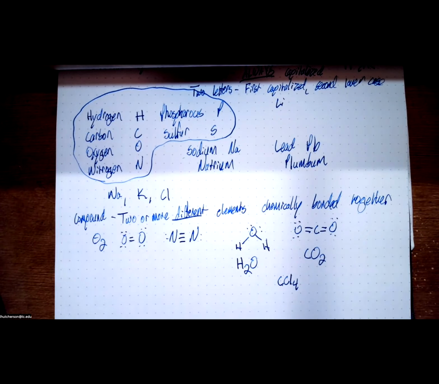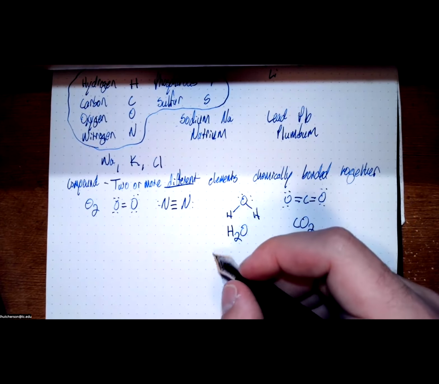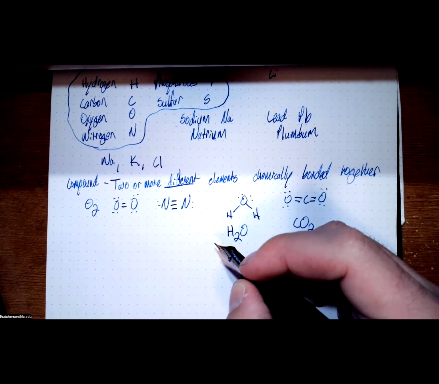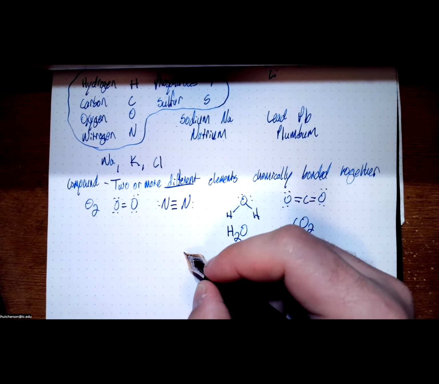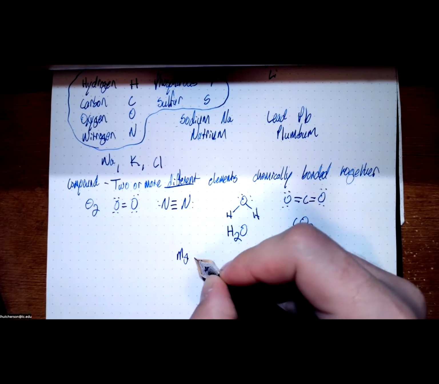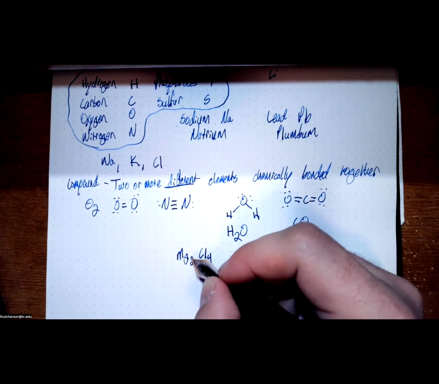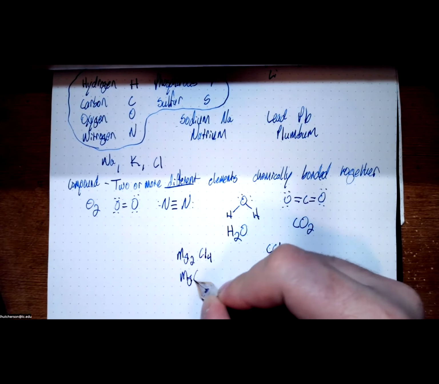Now, something else that I will mention. This is not a concept we necessarily formally teach in this class, but when we have certain types of compounds, and those certain types we'll talk about in detail, just for example, if I were to write the formula Mg2Cl4, I could actually simplify that down to MgCl2.